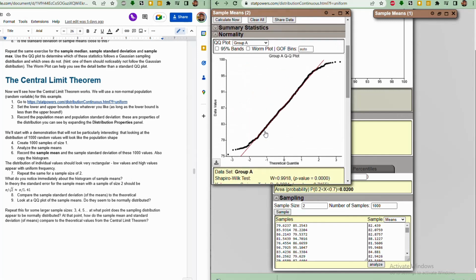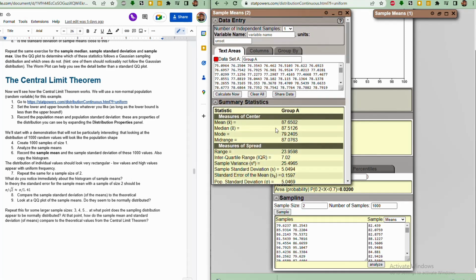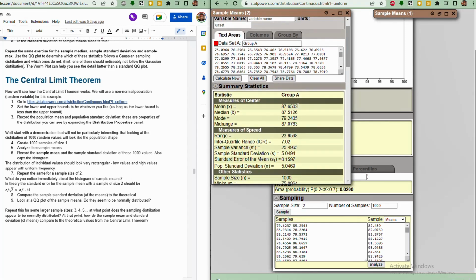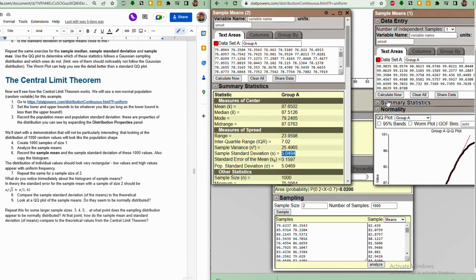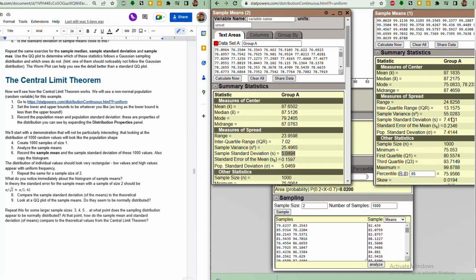We'll also look at the summary statistics, and you'll observe that the mean of these averages is still pretty close to the population mean, but the standard deviation is starting to decrease. Remember, before it was 7.4, now it's 5.04.